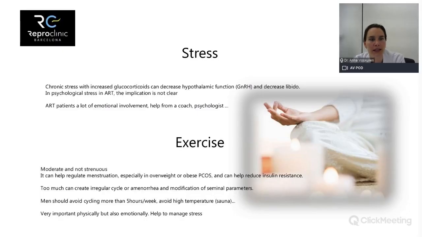So now about stress and exercise. Chronic stress could have an impact on our general axis, on our central nervous system, and it could cause a decrease in the hypothalamic function, okay, in the GnRH, and it can also decrease the libido, which is also very important for natural fertility. And regarding psychological stress in assisted reproductive techniques, the implication has not been clearly demonstrated, and I think it's because it's not that easy to do big randomized trials with psychological tests with patients.